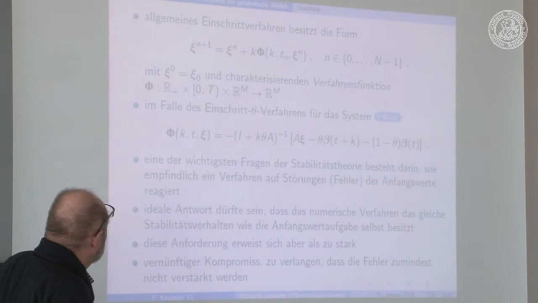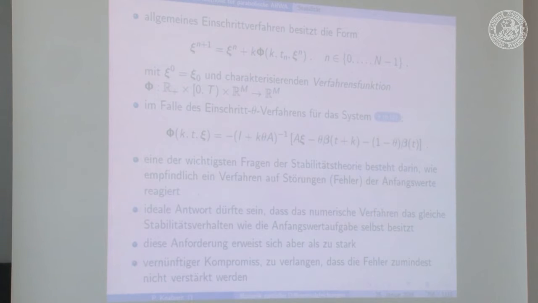What we consider are one-step methods as indicated. That is, we compute the approximate solution at the new time level only knowing the approximate solution on the time level below. So we compute n plus 1 by knowing an approximation at the level n. And you see here the resolved difference quotient in this formulation.